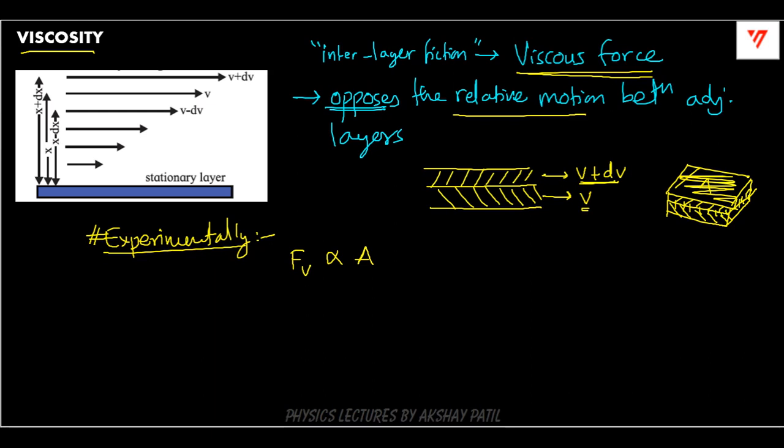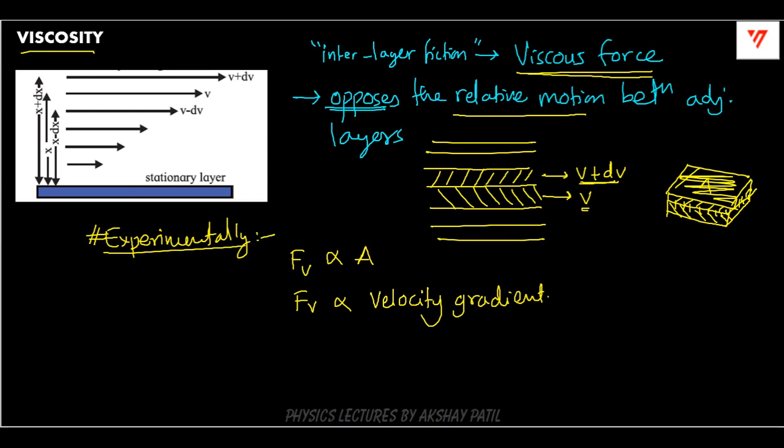Also, the viscous force depends on what is called the velocity gradient. So what is velocity gradient? There are not only two layers, there are many layers in the fluid. I'm just showing some layers.